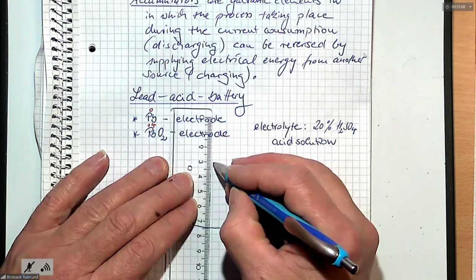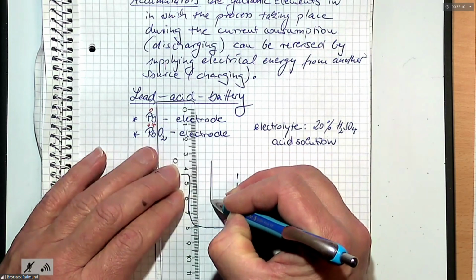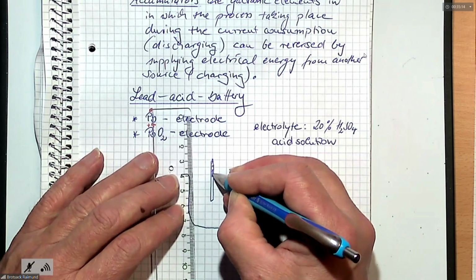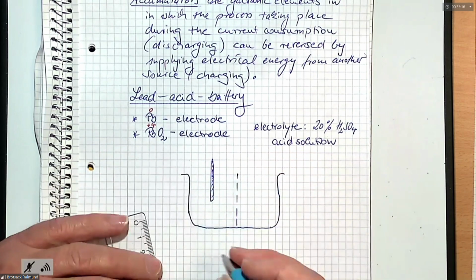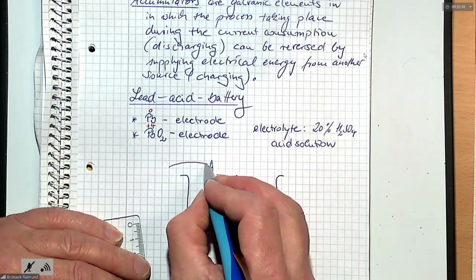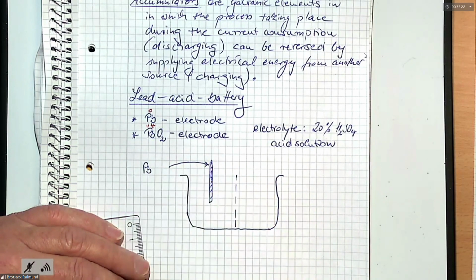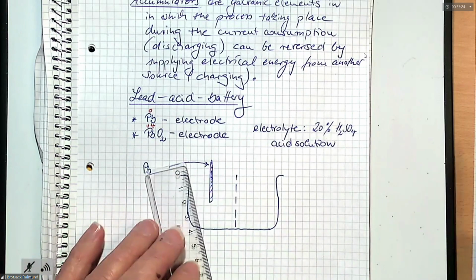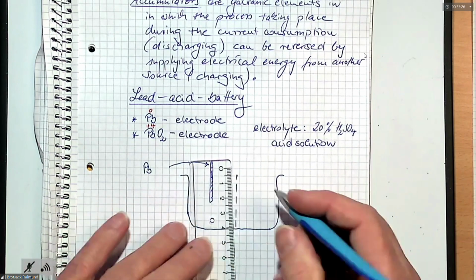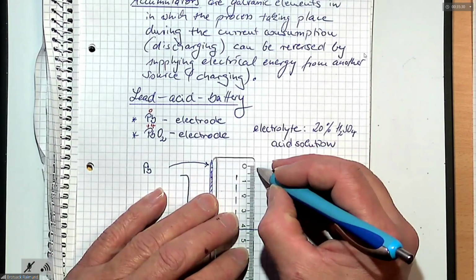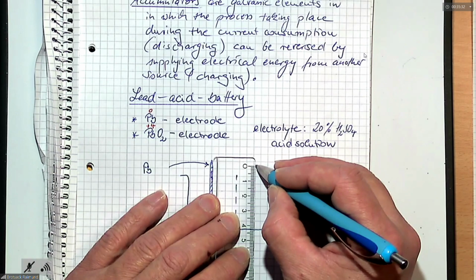And we have on the left side the pure lead electrode. And we have on the right side the lead oxide, but it's a coating of lead with lead oxide.